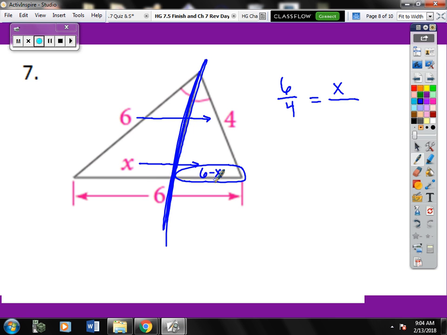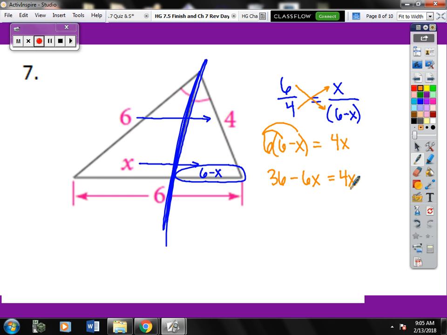Then you do want to use parentheses whenever you cross multiply. Distributing your 6 to each thing inside. Get your variables on one side, so add 6x to both sides.